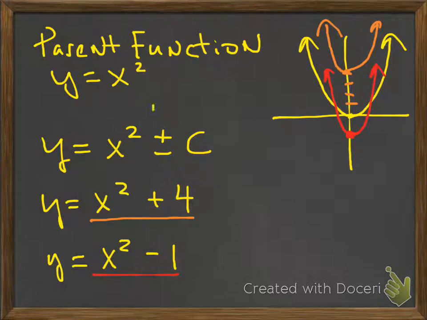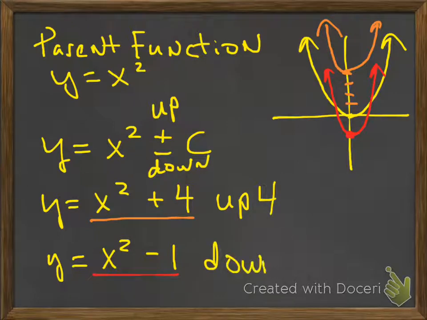So here, again, this means up, this means down. Notice it comes after the x squared, so this one would tell me I'm going up 4, while this one goes down 1. Okay, so hopefully that should be pretty easy, and should not be anything that's that difficult.